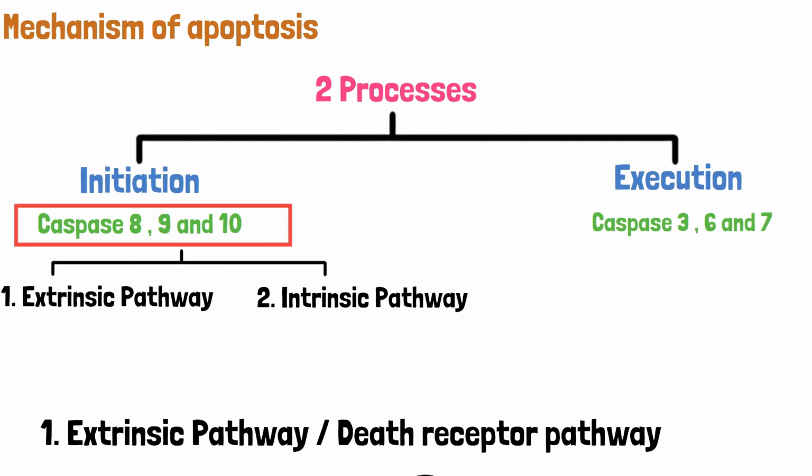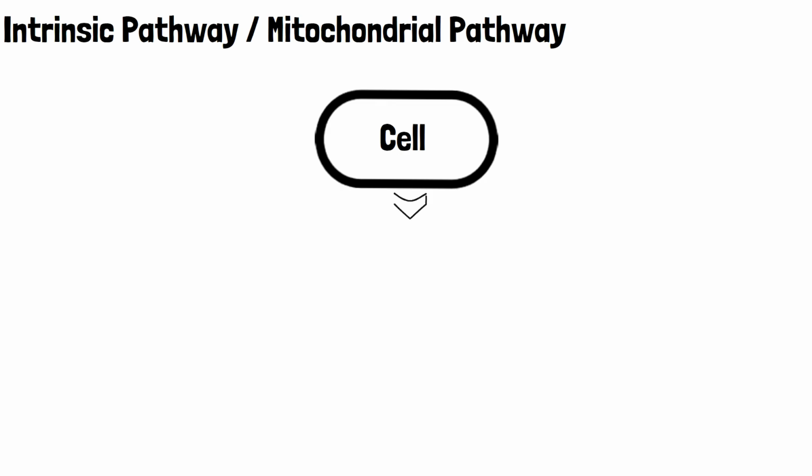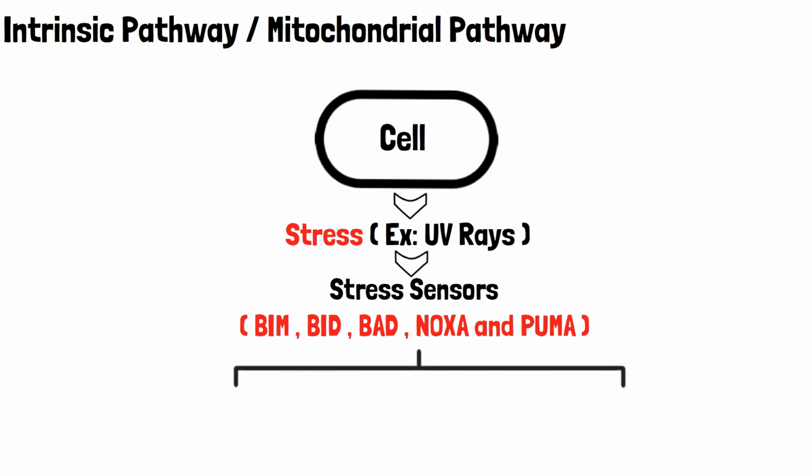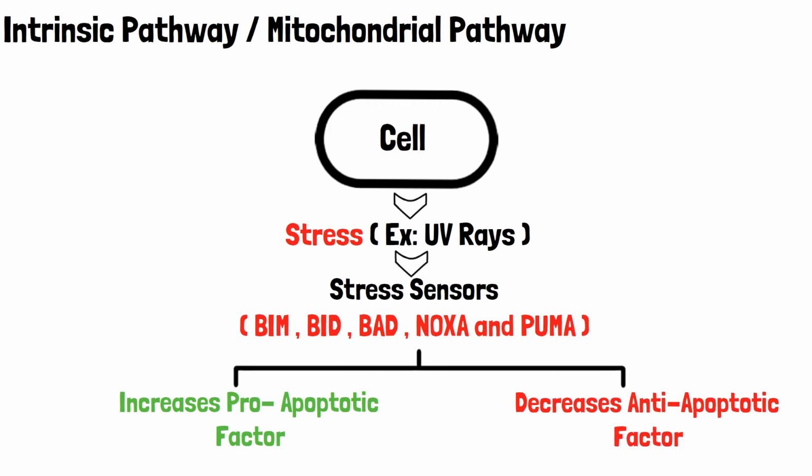You may wonder where caspase 9 is, because we discussed that initiation is caspase 8, 9 and 10 dependent. So, to understand the activation of caspase 9, we need to understand the intrinsic pathway, also known as the mitochondrial pathway. When a cell is exposed to some kind of stress, like UV rays, there are certain stress sensors present in the cell, like BIM, BID, BAD, NOXA and PUMA, which get activated and increase pro-apoptotic factors and decrease anti-apoptotic factors.